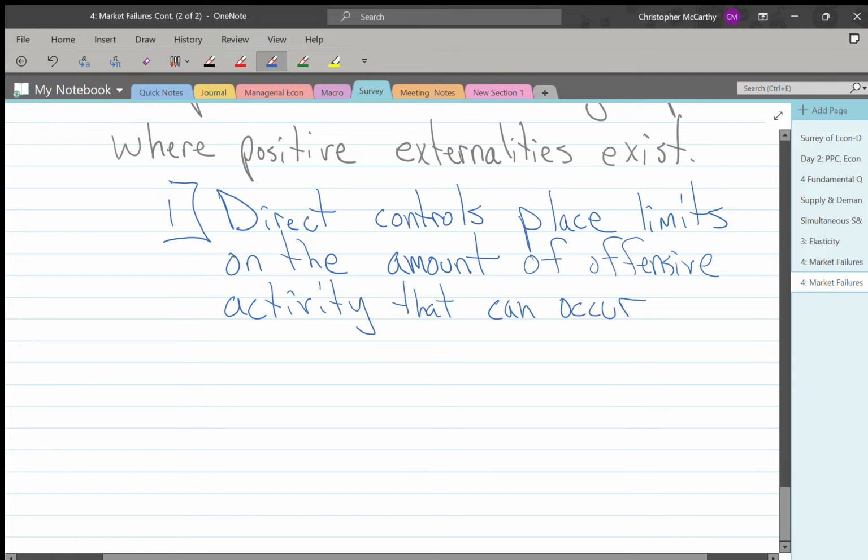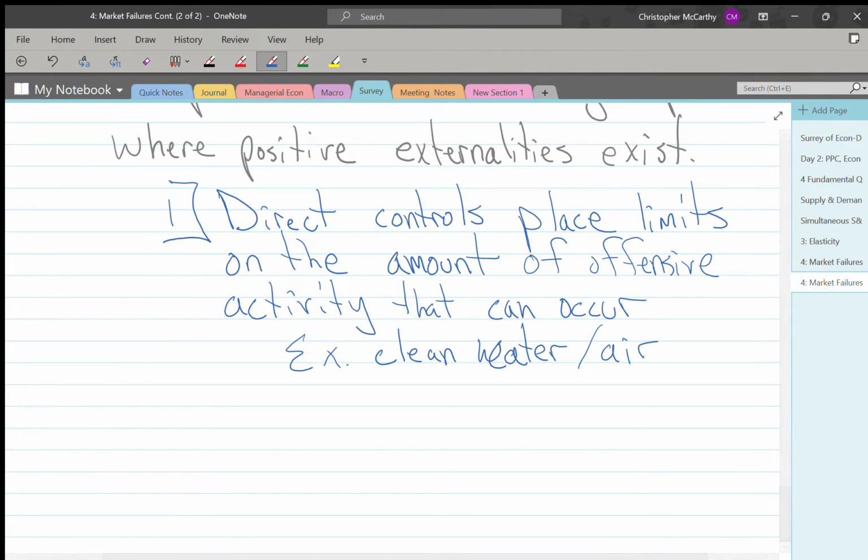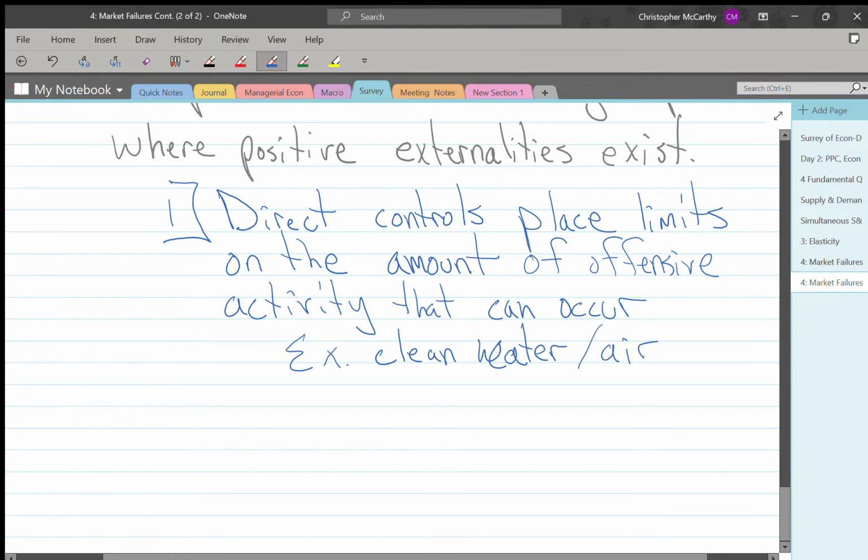The most classic examples of this are the clean water and clean air legislations. This forces offenders to incur costs associated with the pollution, which should shift the actual supply curve leftward, reducing equilibrium quantity.